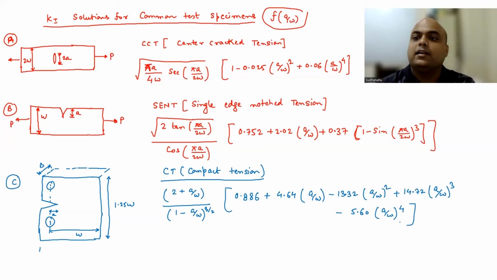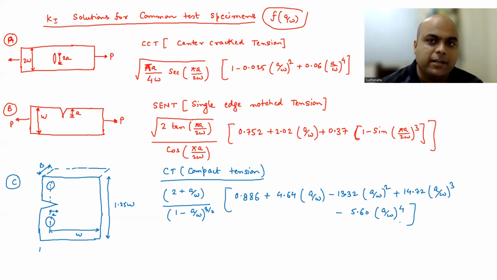Okay, so these are the three most important configurations. We have SENB also, single edge notch in bending. Then we can also have double edge notch tension. So there are different configurations. Okay, you can have a penny shaped crack also. For different configurations, there are lots of books where you will find the solutions for f(a/W).